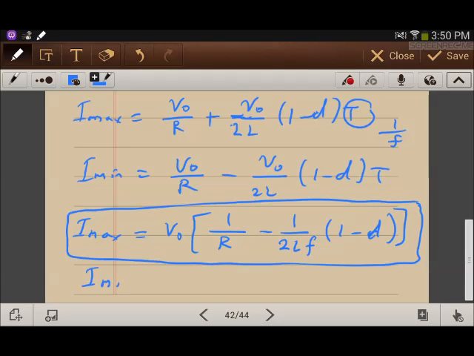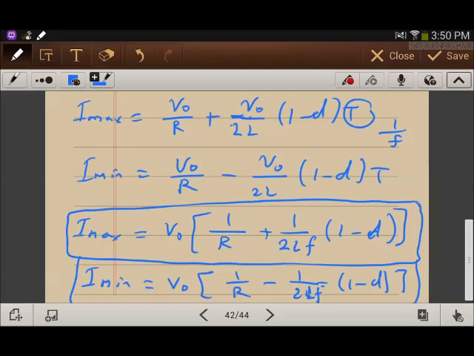Also, I min is equal to V out, 1 over R minus 1 over 2LF, 1 minus D, and this is the equation to find the minimum current.